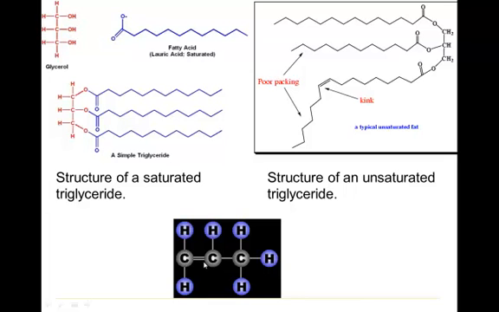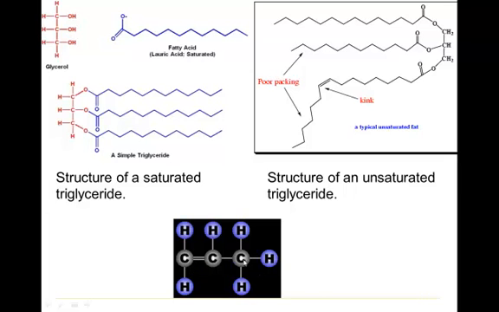Now, a double bond is something that we have not specifically described before. In a double bond, 2 atoms share 2 pairs of electrons. Remember, in a regular single covalent bond, 2 atoms share 1 pair of electrons, but here they're sharing 2. So this counts as 2 bonds.